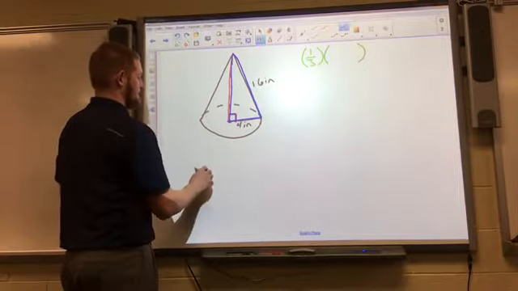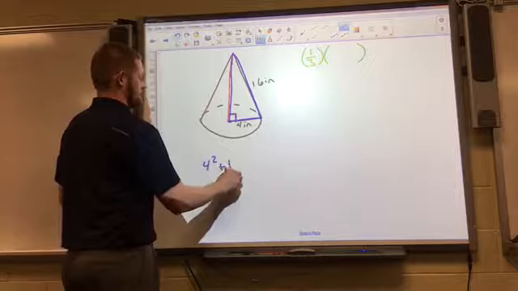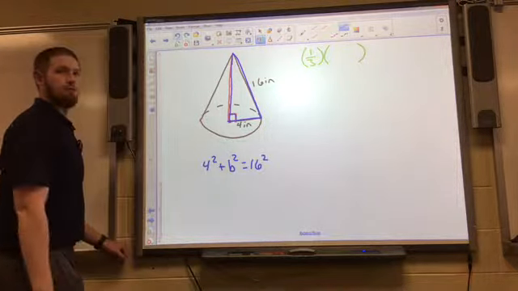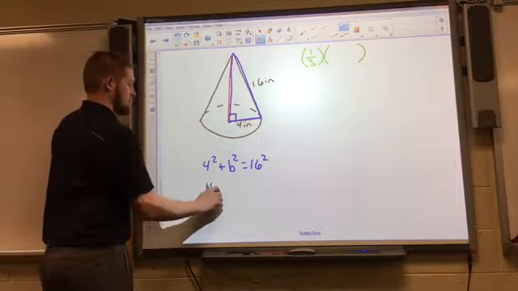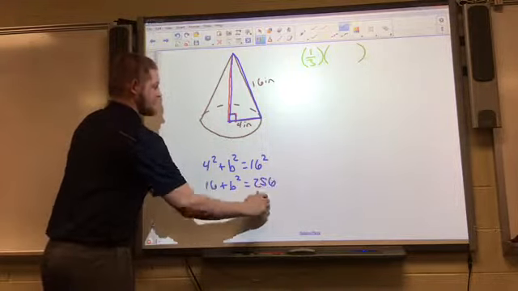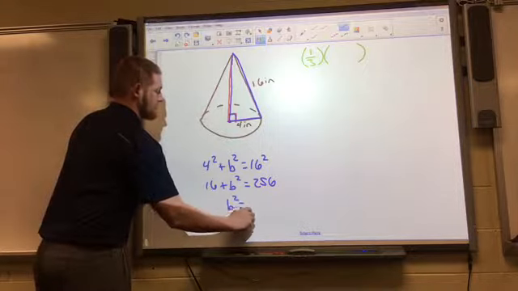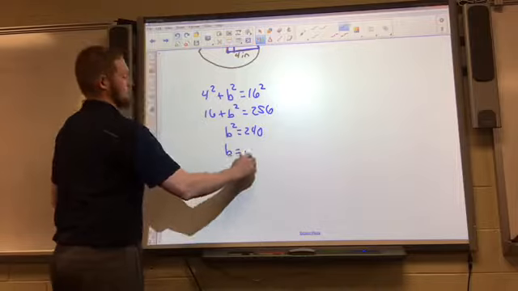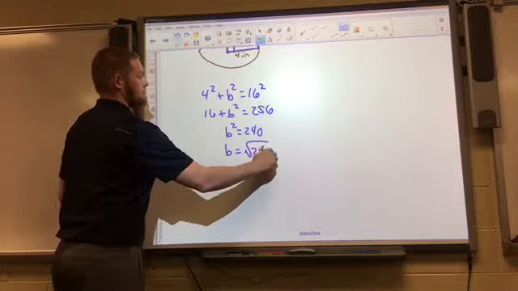So I have 4 squared plus b squared equals 16 squared. 4 squared is 16, plus b squared equals 256. So b squared equals 240. So b equals square root of 240.